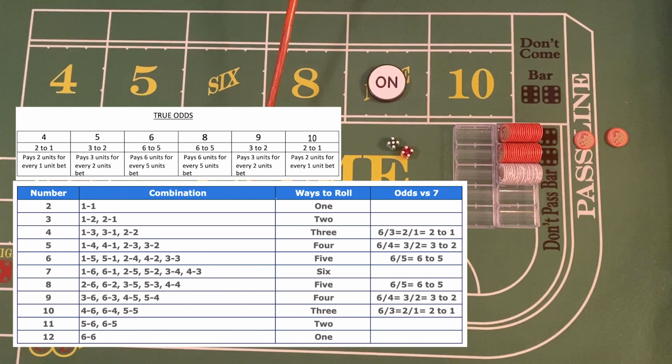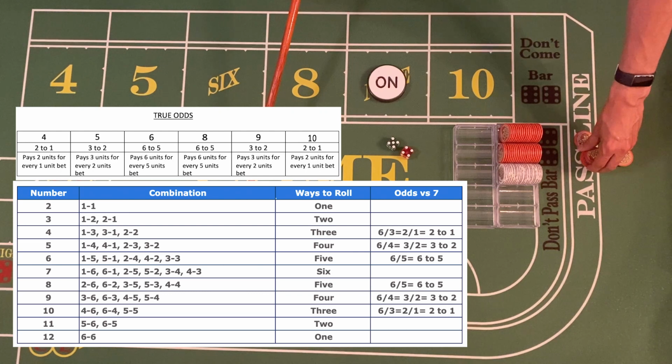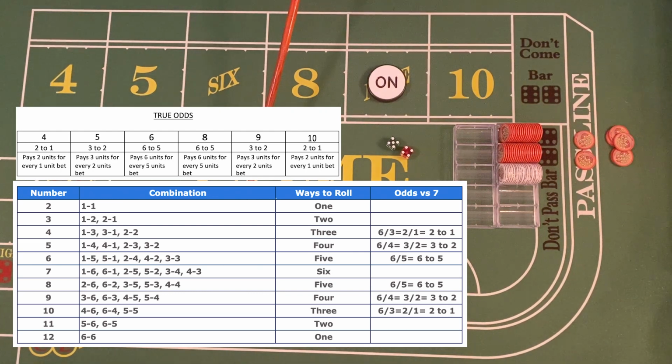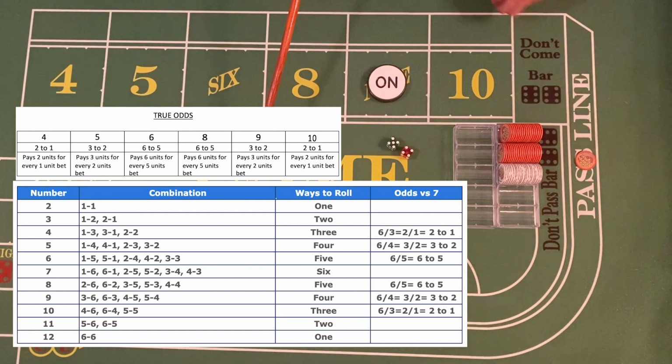Again, if you look at the number of ways to make a 9, there are 4 ways to make a 9 compared to the 6 ways to make the 7. 6 over 4 is the same as 3 over 2, so it means 3 to 2. So for every 2 back behind, if you win, you'll get 3 chips, and this base bet will pay 1 to 1. So that are true odds as far as that goes.